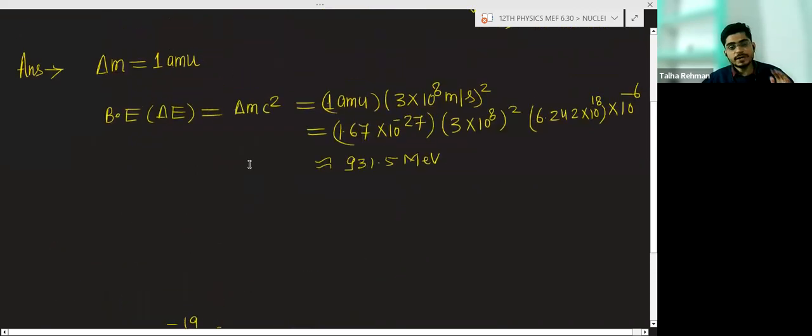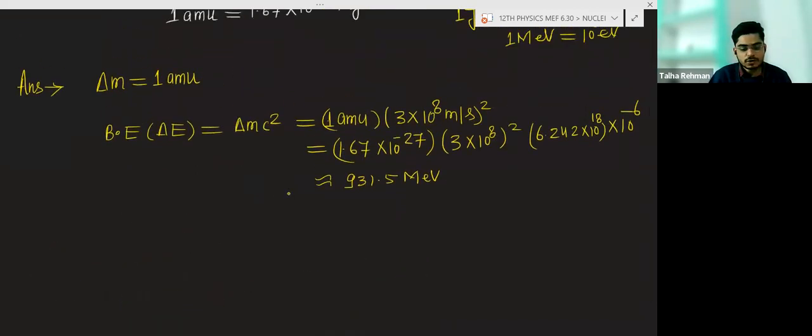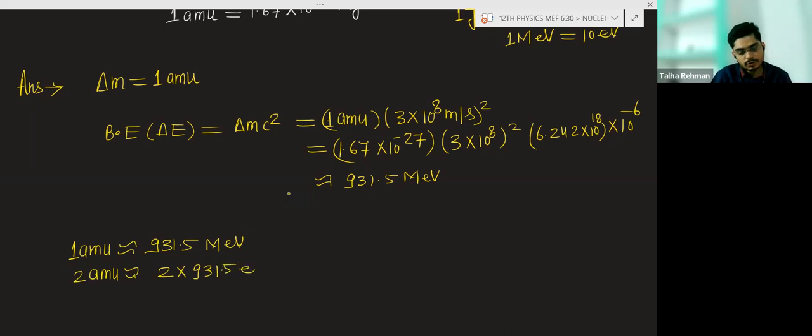Now from here, if there is a mass defect of 1 AMU, then the energy released will be 931.5 mega electron volt. If 2 AMU mass will disappear, then 2 into 931.5 mega electron volt energy will release.